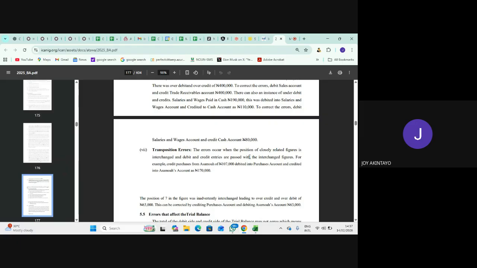You can see that the 7 was interchanged. So how do we correct this? We've overstated our accounts. So you go to your purchases account and credit it, and you debit Asamao's account with 63,000 naira.